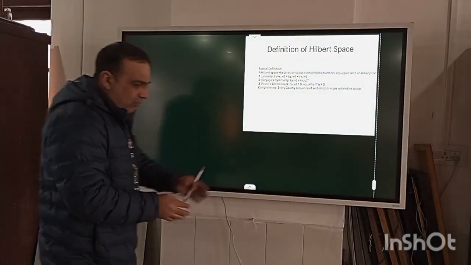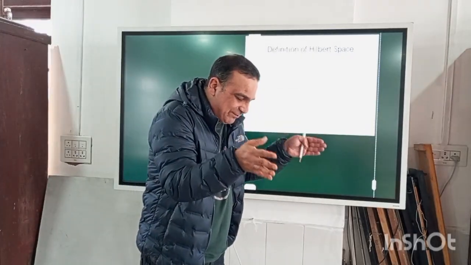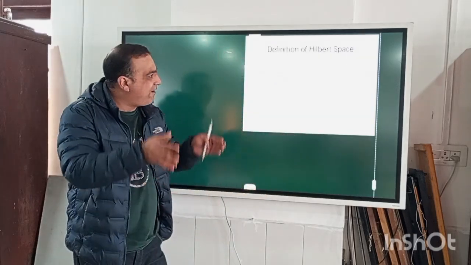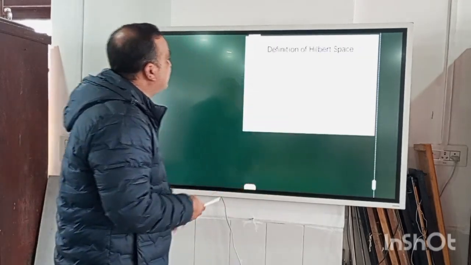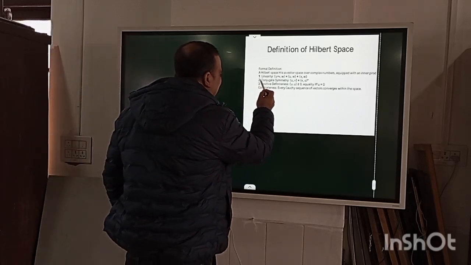So you must be able to take the inner product between the kets, the state vectors that exist within this Hilbert space. And as I said, linearity.